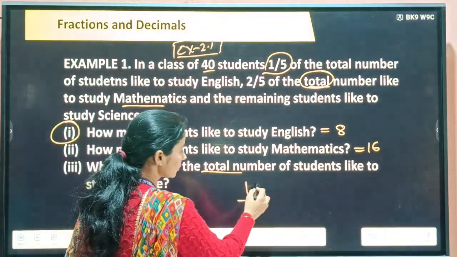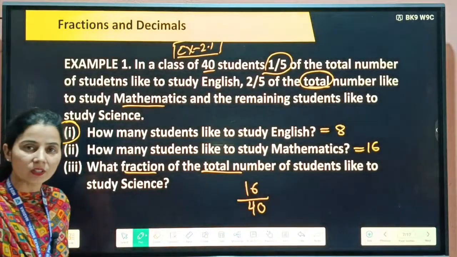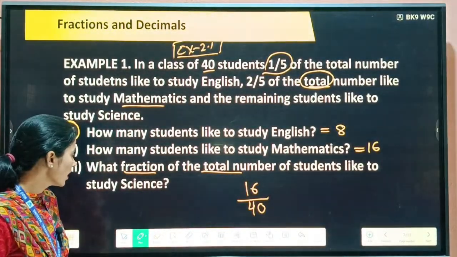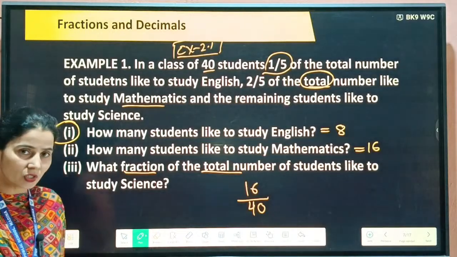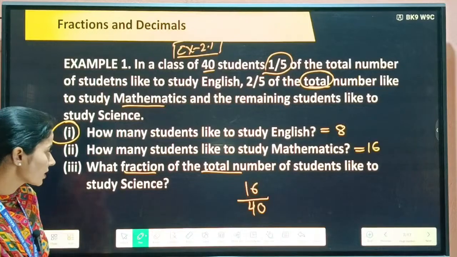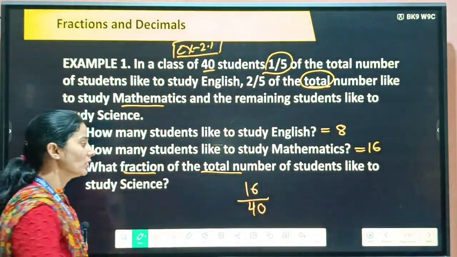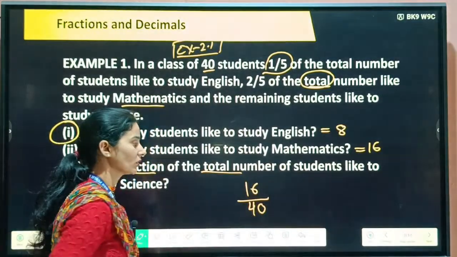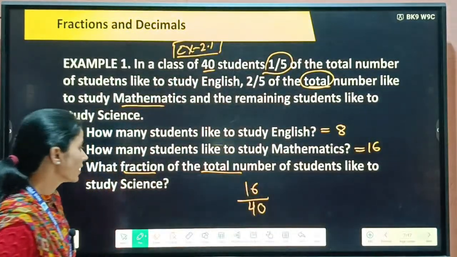In science, 16 students are there who like to study science. We need to tell in fraction how many students like to study science out of the total number of students. So 16 out of 40 students like to study science.